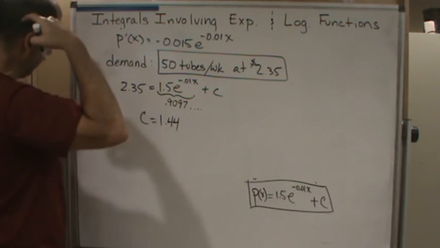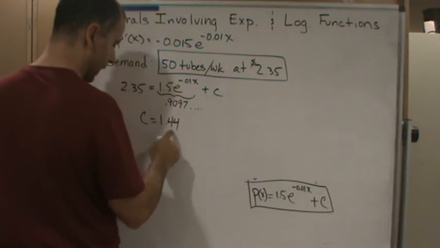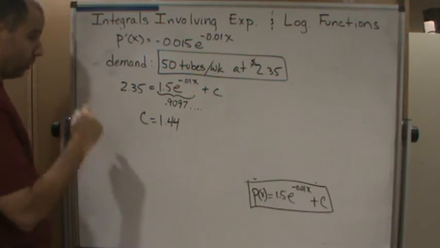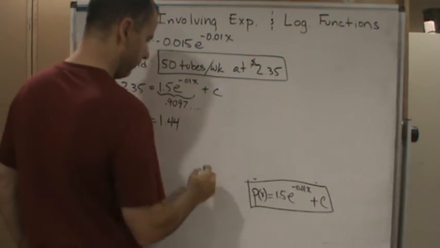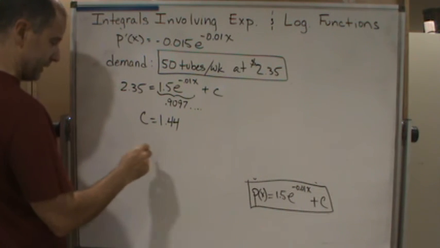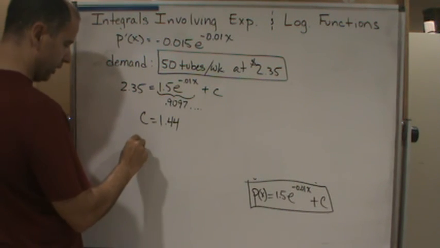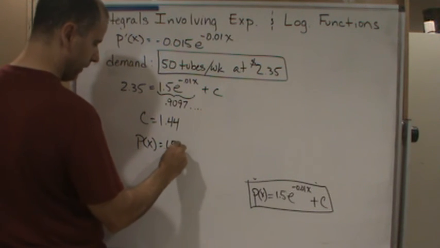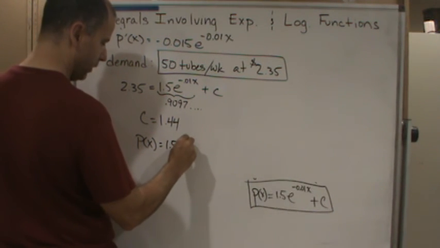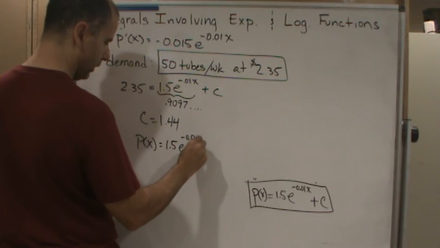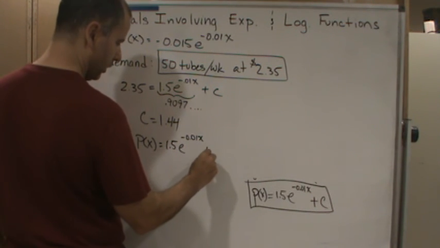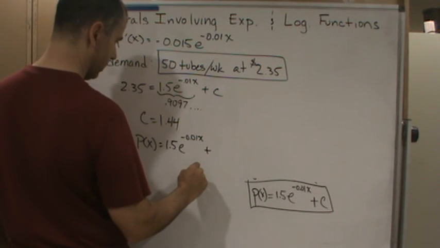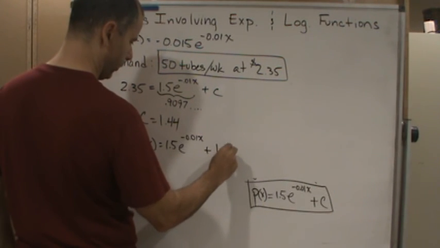Since we're dealing with pennies, just round it to the nearest penny. So this particular solution is P of x equals 1.5 e to the negative 0.01 x plus 1.44.